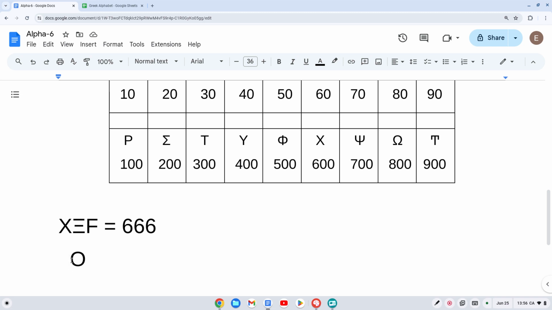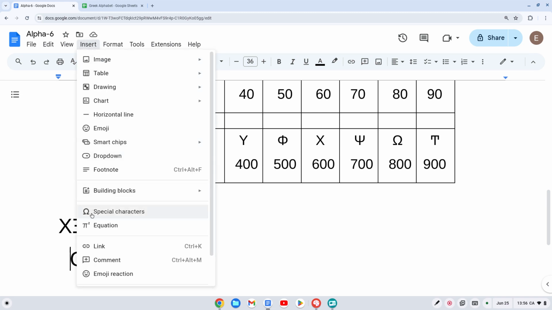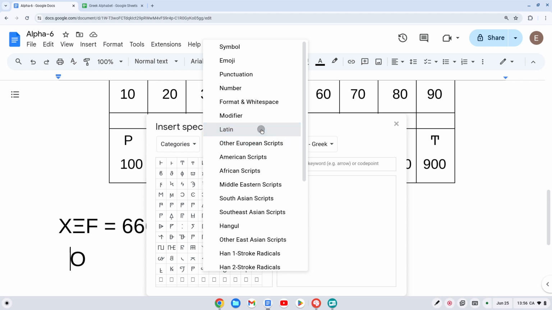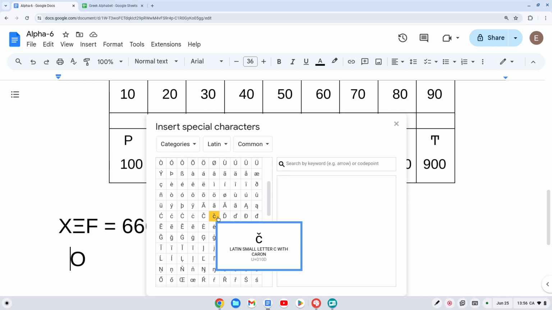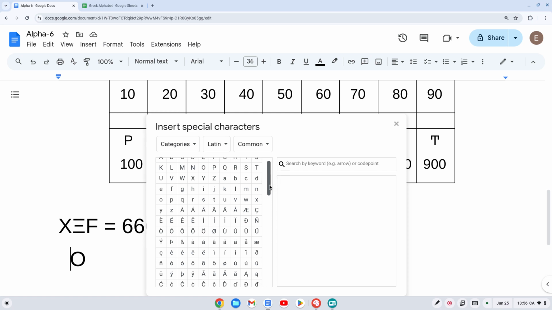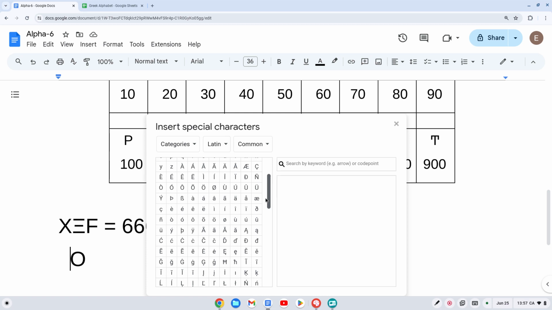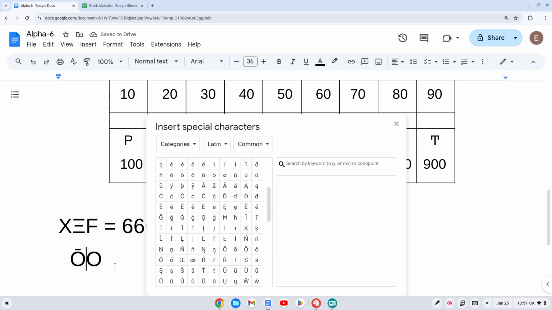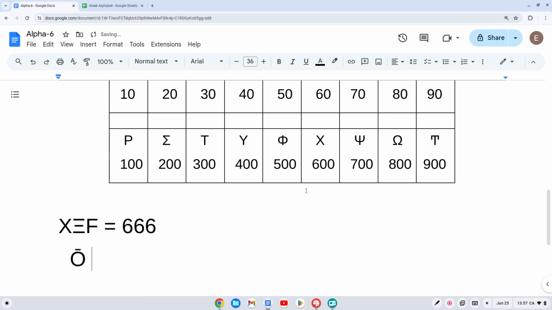And in order to distinguish the letter from the number, I would write it with a little bar over top.